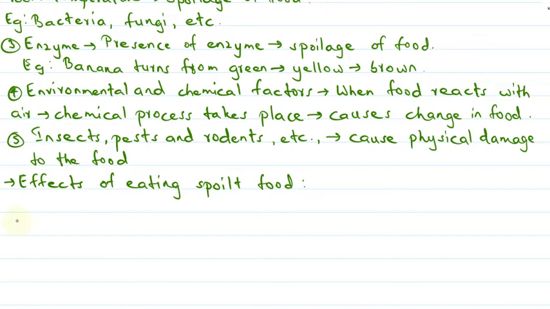So it is recommended not to eat food items that are expired or spoiled. What happens when the appearance, taste, texture and smell of the food change? It is an indication that the food is unsafe to eat.